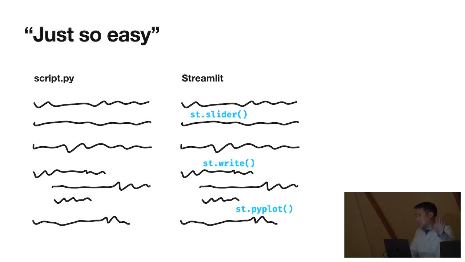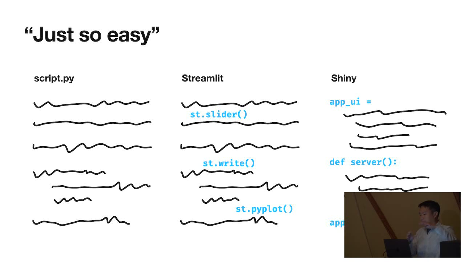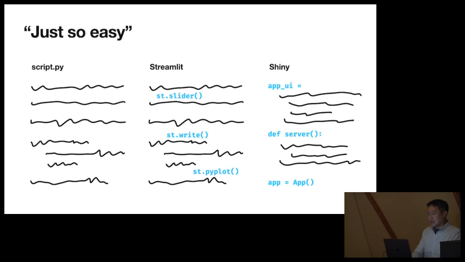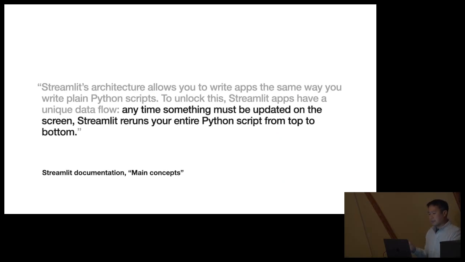And even if you've never seen Shiny before this talk, you already know that Shiny doesn't do that, right? Shiny has a UI and a server and these little functions with decorators. It is asking you to pour your code into its form. So Streamlit being able to do this is super cool, right? Very nice to be able to just take your script and sprinkle in some Streamlit.